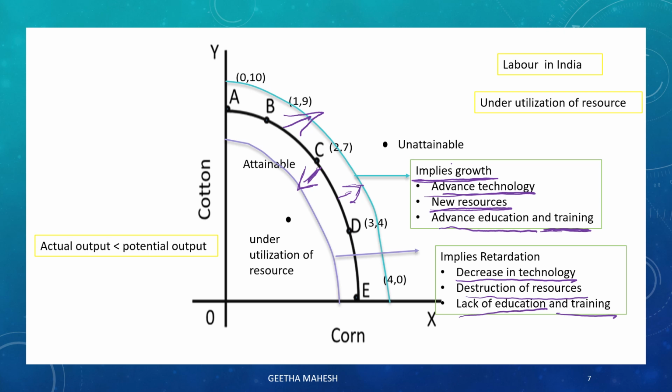Because of inefficiency of the economy, inefficiency of resources, or maybe using outdated technology, the efficiency of the economy is going to decrease and the production capacity of an economy is going to move towards the left of the original production possibility curve.